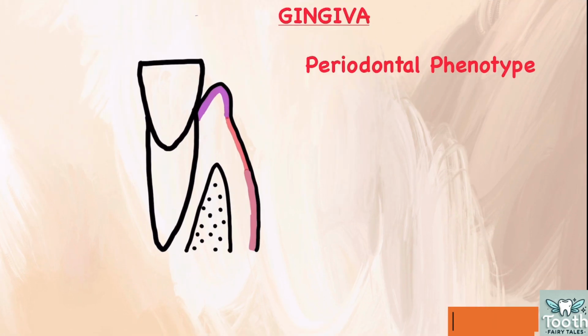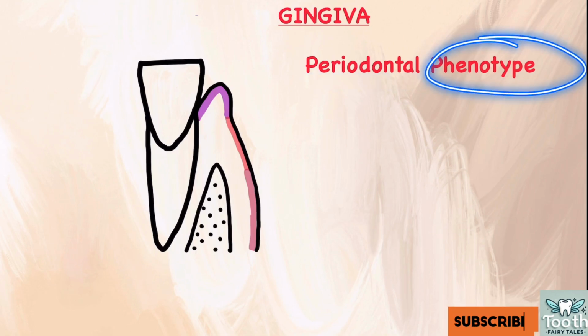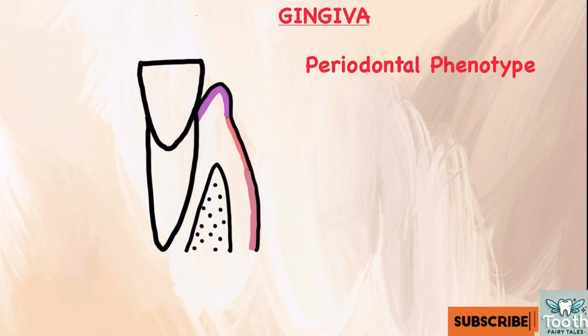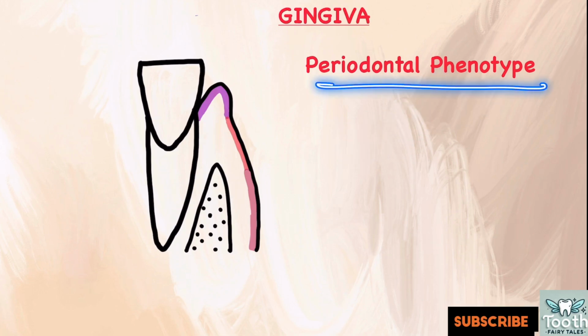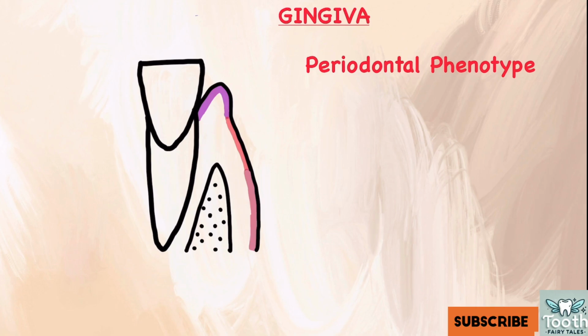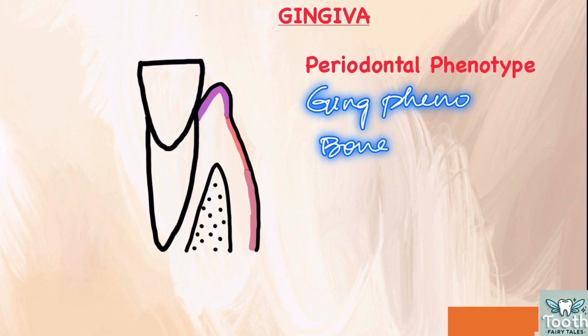Now let's move on to the concept of periodontal phenotype. To understand this, we first need to know what is a phenotype. The word phenotype refers to appearance and behavior of the tissue. So what is a periodontal phenotype? It is a combination of gingival phenotype and bone morphotype.